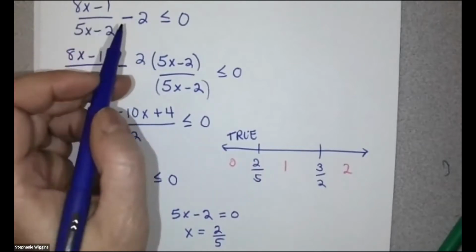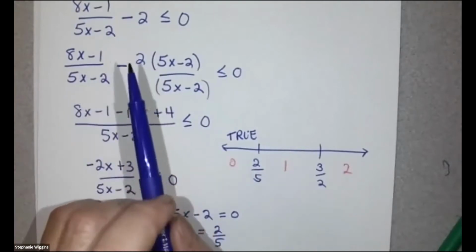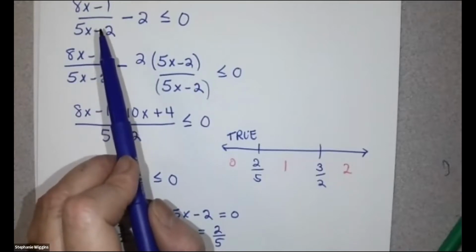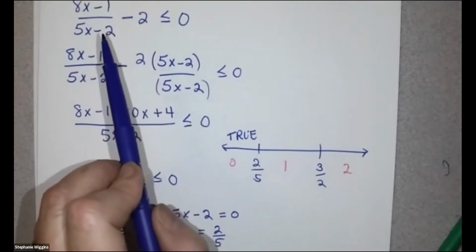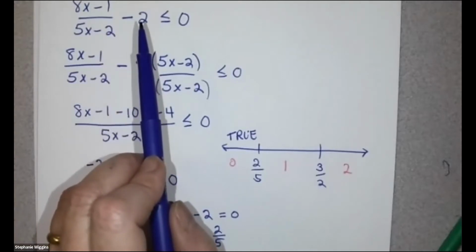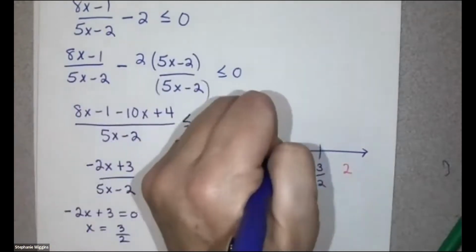So 7/3 minus 2. Well, 7/3 is 2 1/3. So if I subtract 2, that's going to be positive, right? So is that less than or equal to 0? That's false.